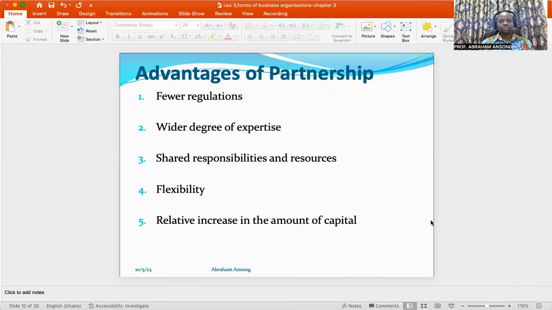To be able to explain this as an advantage, we need to compare the partnership form of business to sole proprietorship. As we said earlier, a sole proprietor is just one person. Okay, so the expertise available to the company is limited to what the owner of the business knows. The knowledge base of the business owner really is what is available to the business.